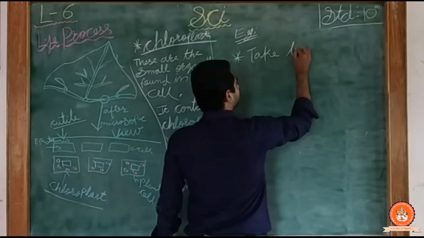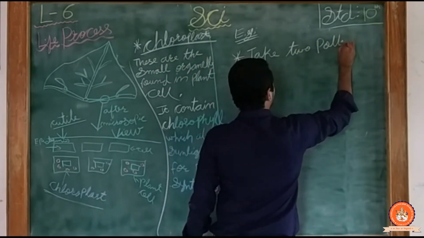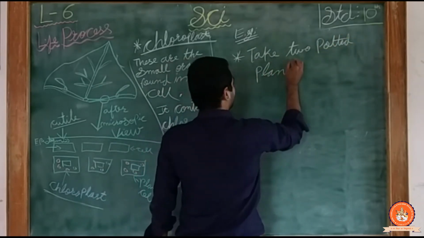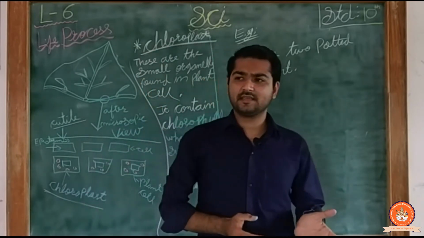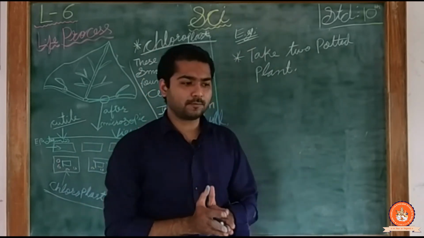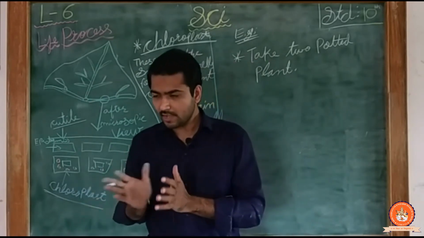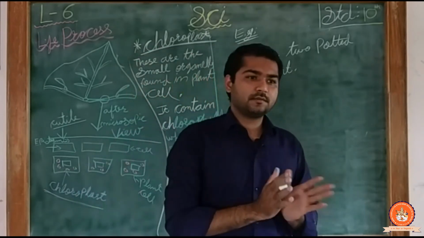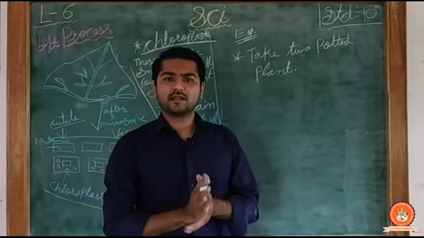Take two pots with a plant. We will take two potted plants, or I can take money plants. This is my two potted plants. I take these two potted plants and put them at one place in a dark room.